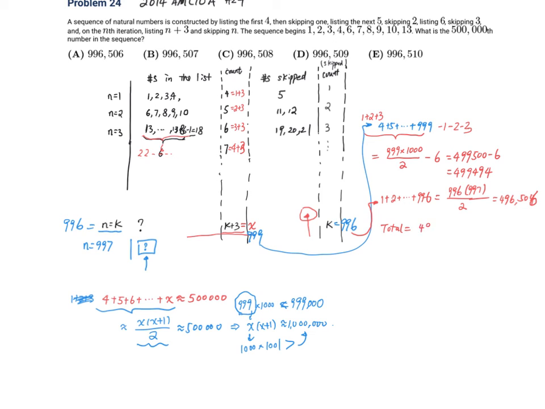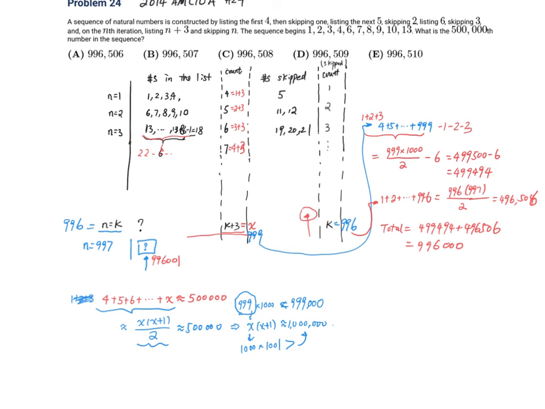499,494 plus 496,506, and this is going to be 996,000. Perfect. This is a nice number. So with that, we do know what this number is. This number should be 996,001.